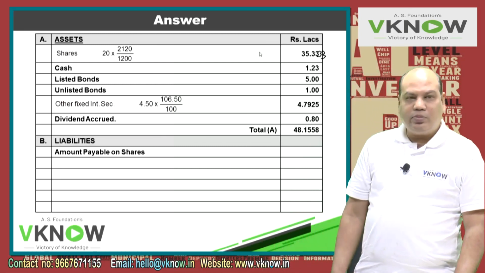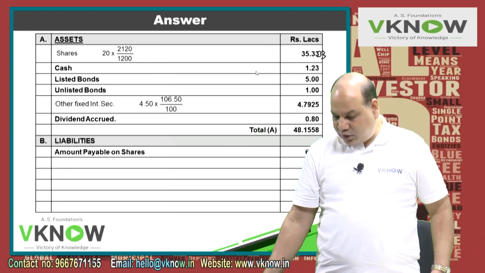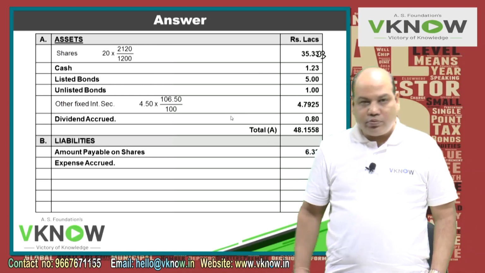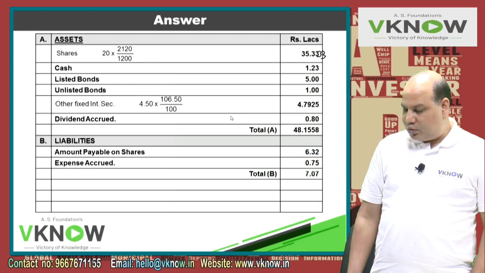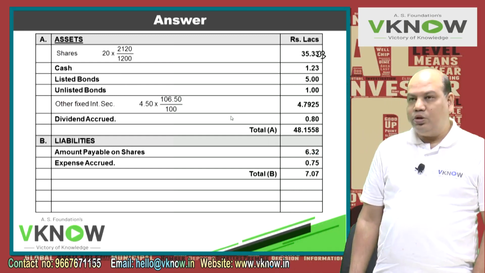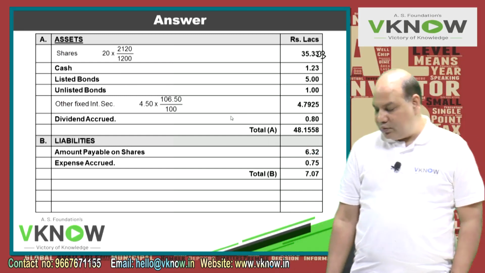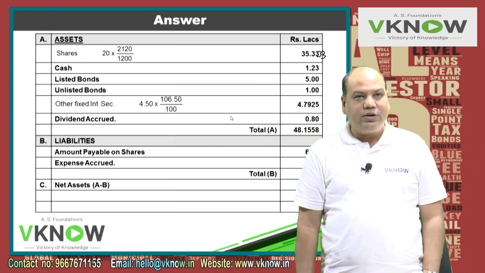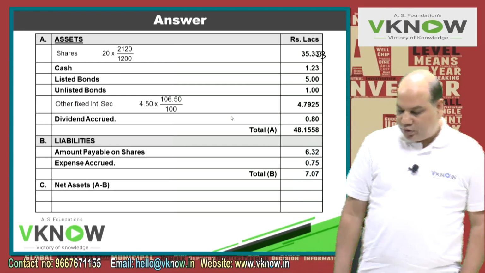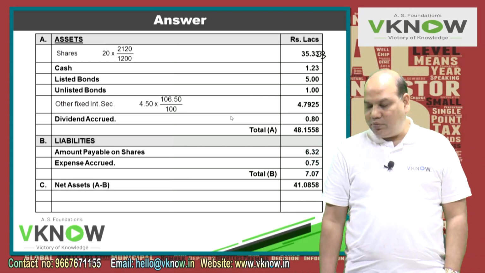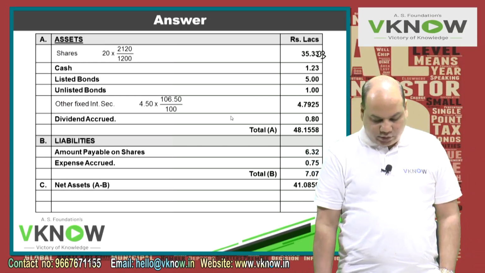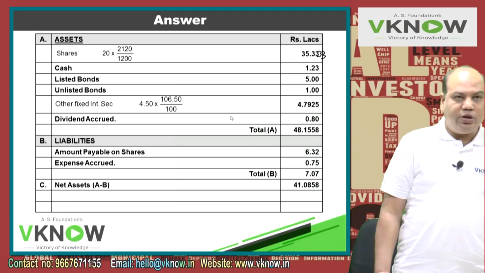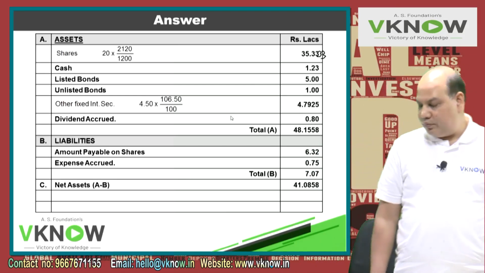Point number B, write down liabilities. Under liabilities, write amount payable on shares, 6.32. Expenses accrued 0.75, total B 7.07. Point C, net assets A minus B, 41.0858.